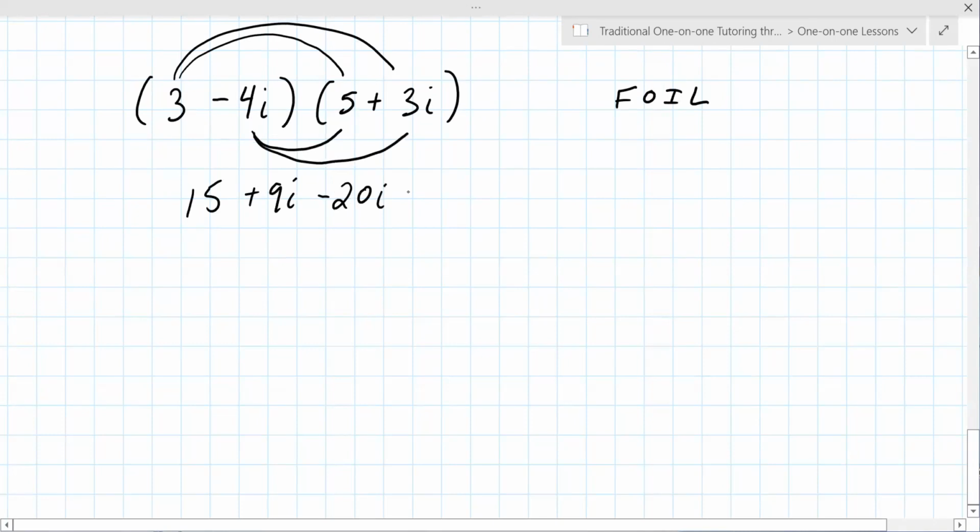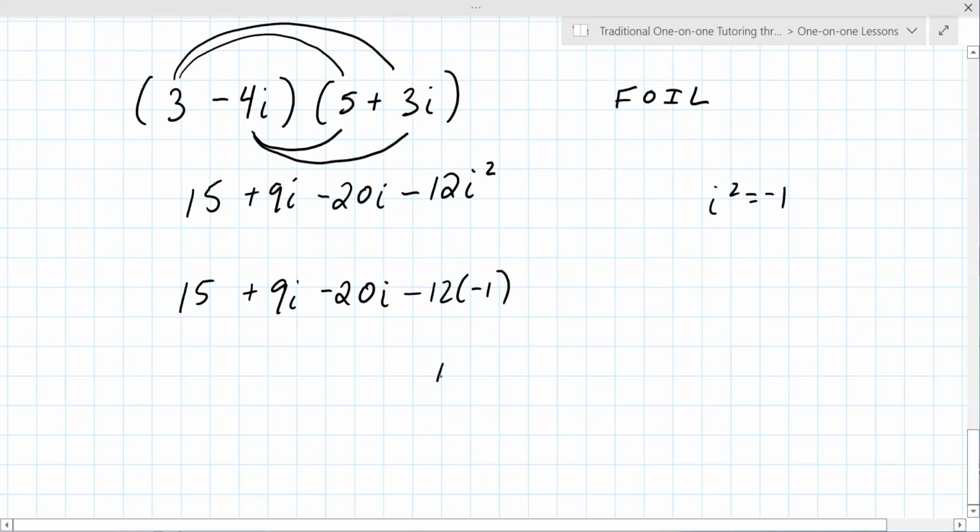Minus 4i times 3i, minus 12i squared. So that's 15 plus 9i minus 20i, and then i squared is -1. Sometimes it's good to really show it, just to double check that you get the right sign. So the final answer here is 27 minus 11i.